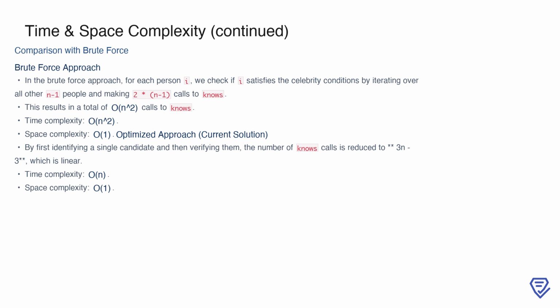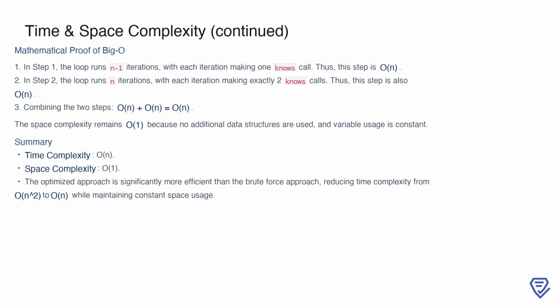This reduces the total number of knows calls to 3(n-1), making the time complexity O(n). Importantly, both approaches maintain a space complexity of O(1), as no additional space is used. The key advantage of the optimized approach lies in its linear time complexity compared to the quadratic complexity of brute force.